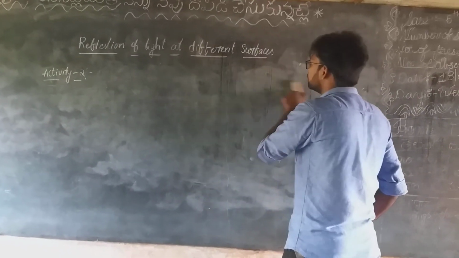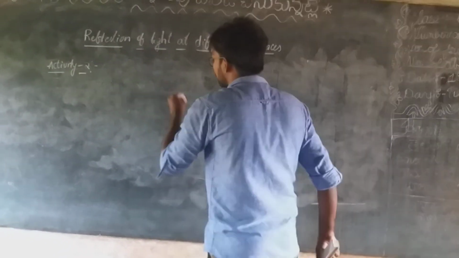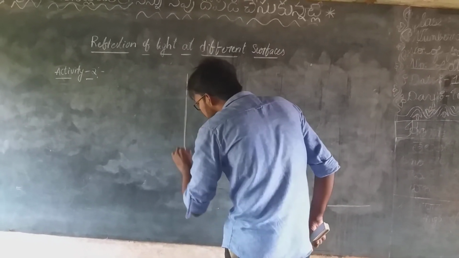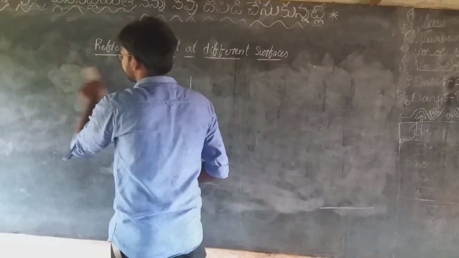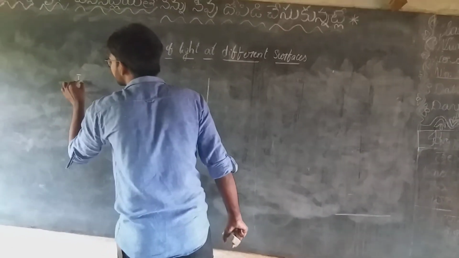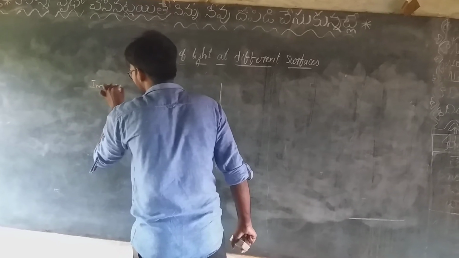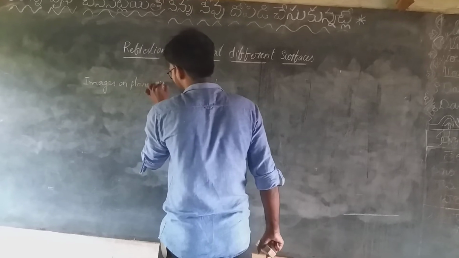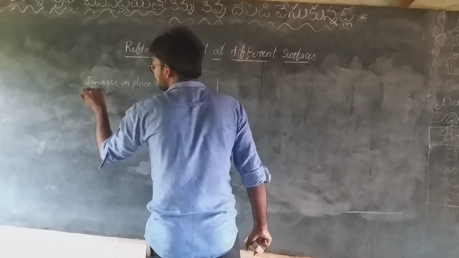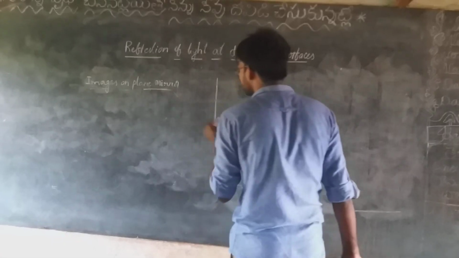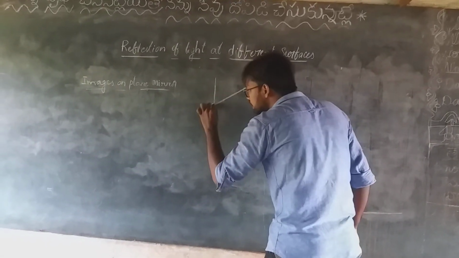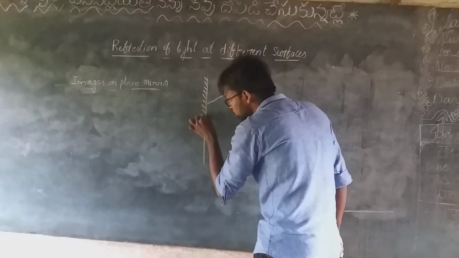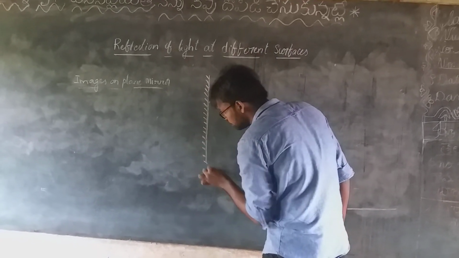Now how will images be formed on a plane mirror? Images on plane mirror. If any light ray is incident on the plane mirror, we should draw the lines, otherwise we can't say that it is a plane mirror.